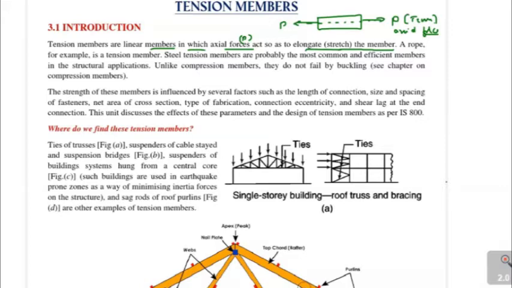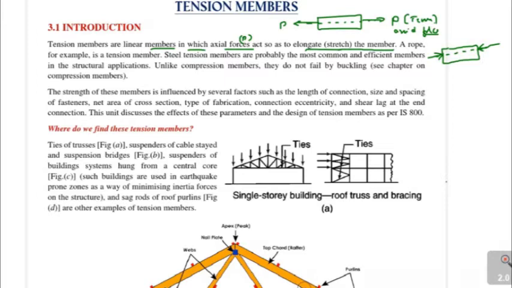Of course, in the case of compression members, compressive forces act on the member axially, and such a member is called a compression member. In this video we are going to limit ourselves to tension members.